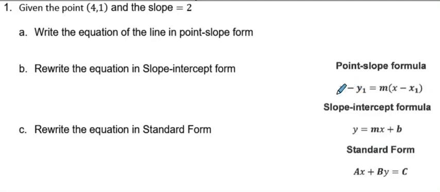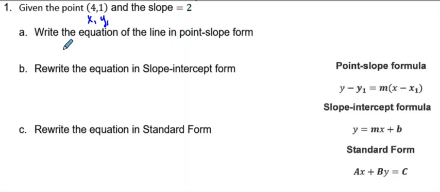So what we're going to do is take our point, x1, y1. The x and the y without the ones are just the x and the y that we need in our equations anyway. But these two numbers are going to come from the point, and then m is our slope. So it's just plugging the numbers in.